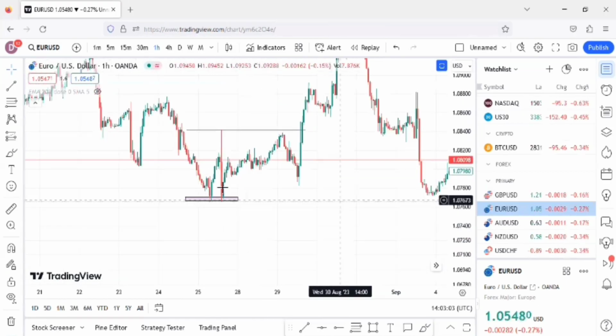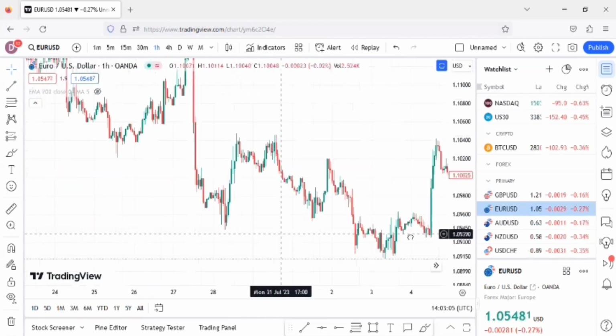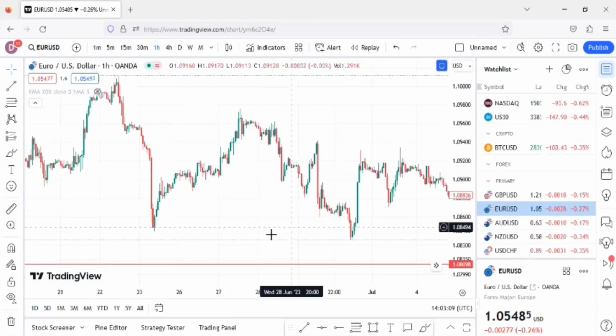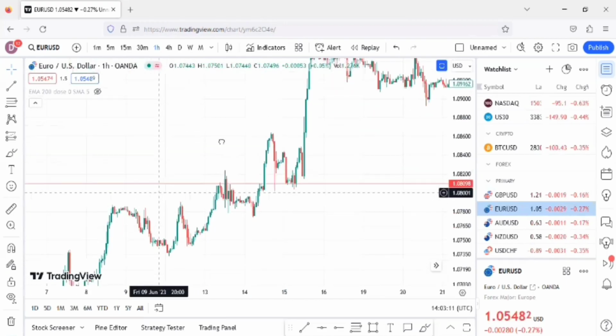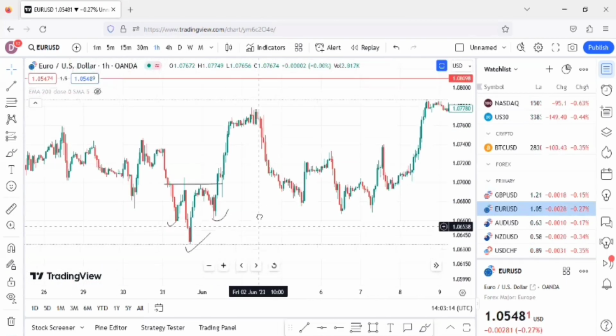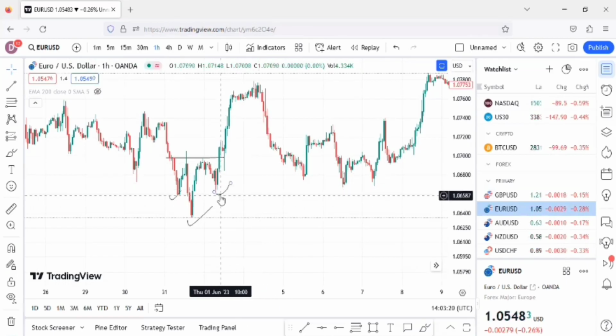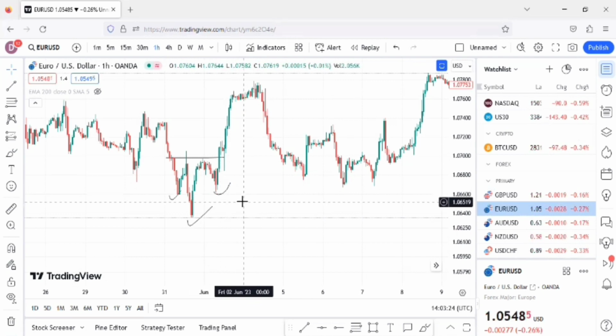Then we have also seen inverse head and shoulder. Here is that inverse head and shoulder. So that is how you spot them. Anytime you see all those patterns in the market, they are telling you something. They are giving you information on what to do.